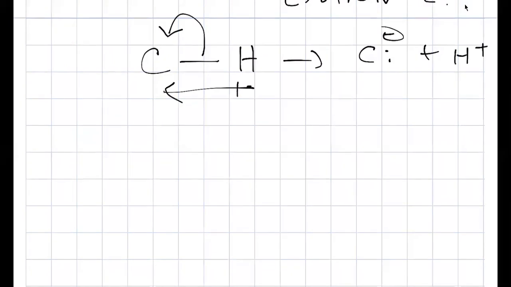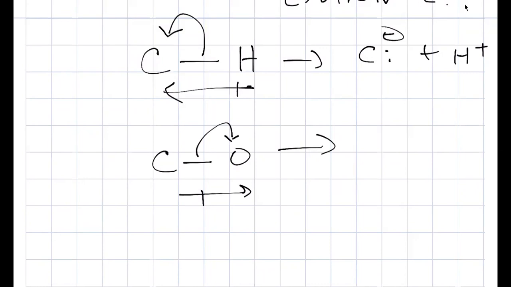Are y'all following that? If I have a bond between carbon and oxygen and I break that bond, the dipole is going towards oxygen. So if I break it, those electrons are going with oxygen. Anytime I break a bond between two atoms heterolytically, the electrons are going with the more electronegative atom.